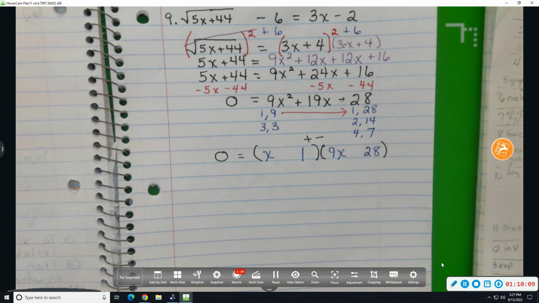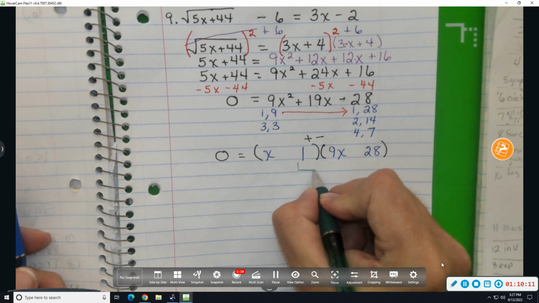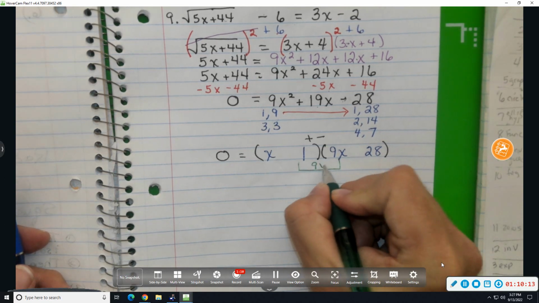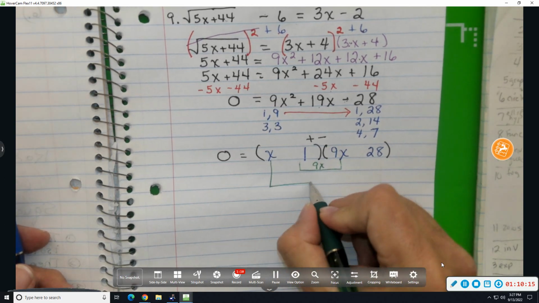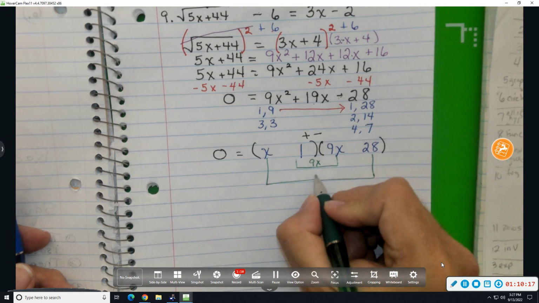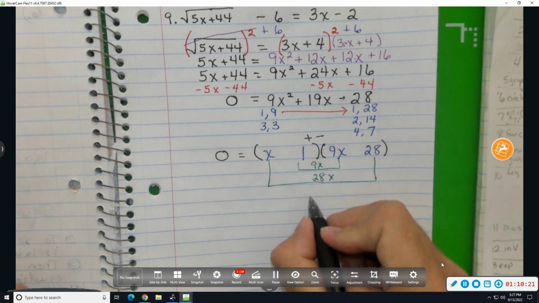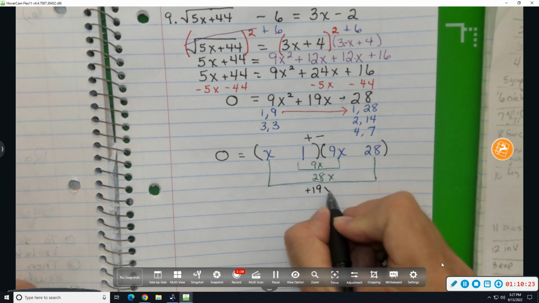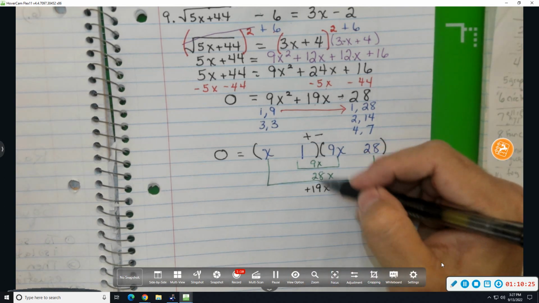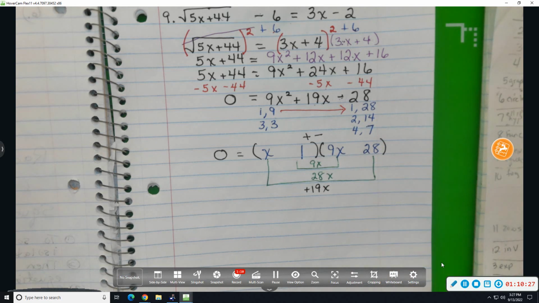Inner would be 9x. This outer, 28x. If I want a positive 19x, well, I can subtract the 9 and 28 and get a 19. So how do I need to arrange the plus and the minus?